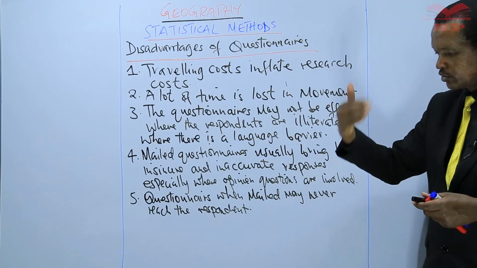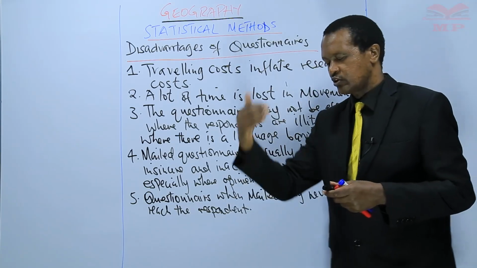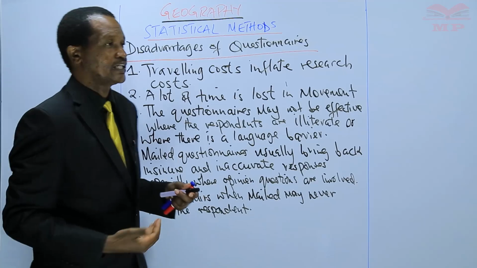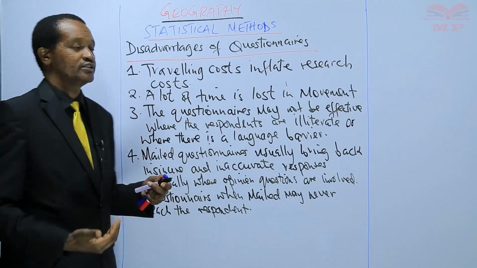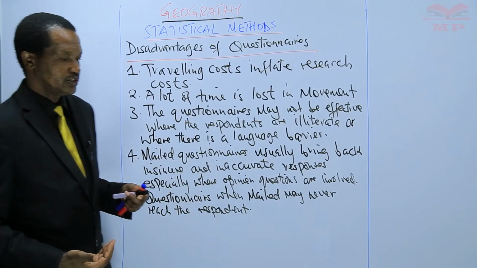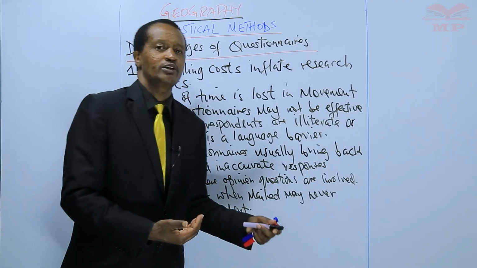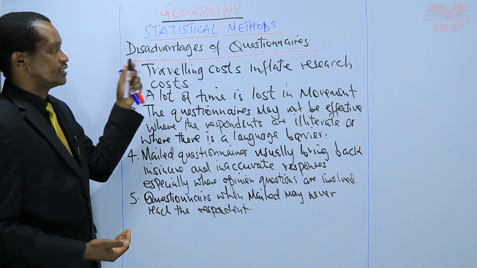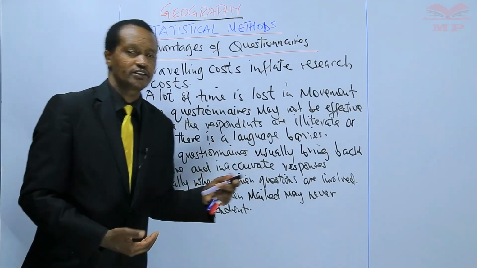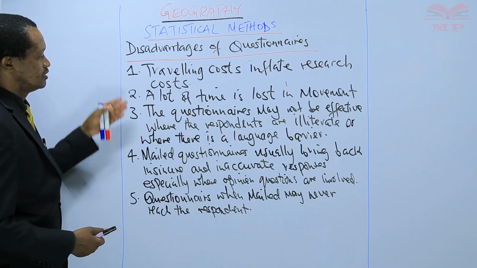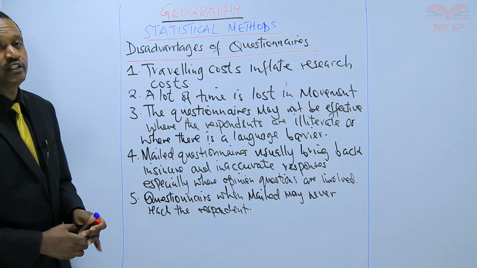Questionnaires as a method of gathering or collecting information have advantages and disadvantages. In our last lesson, we learned about the advantages. In our today's lesson, we've covered the disadvantages of questionnaires as a method of collecting data. We have given 5 points.